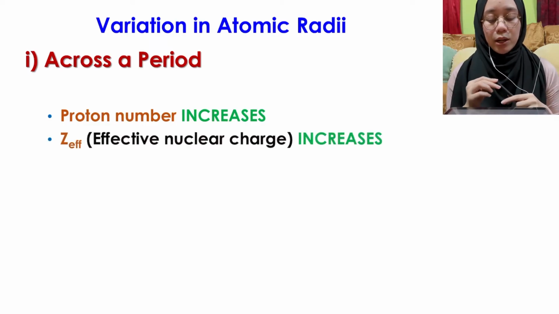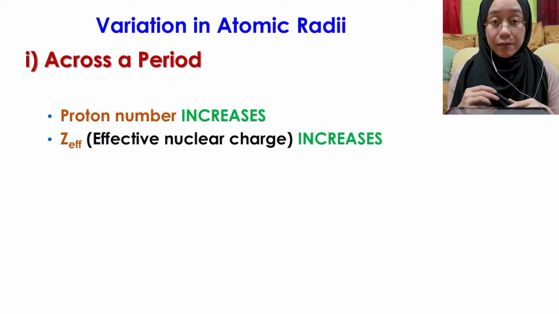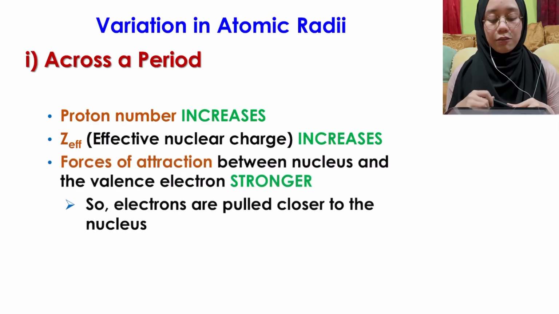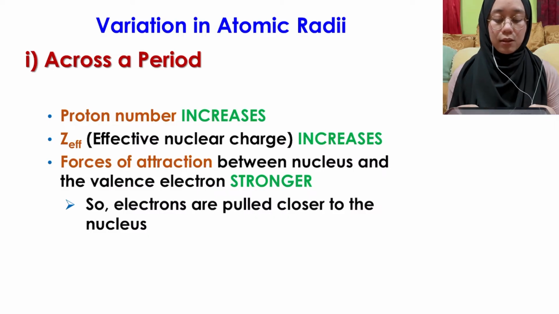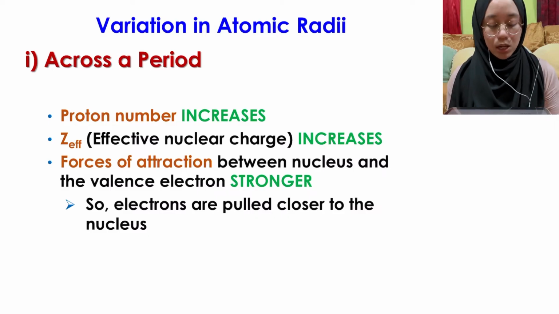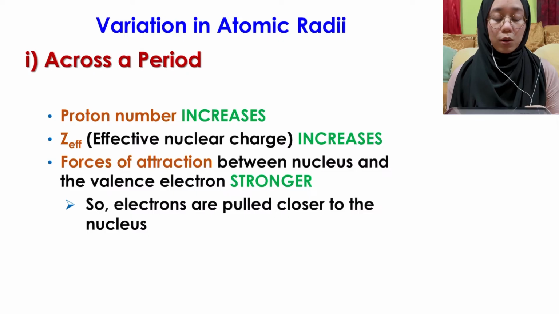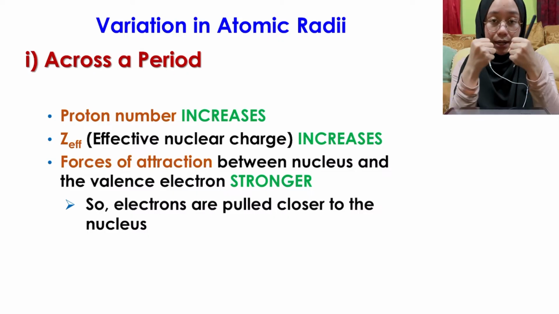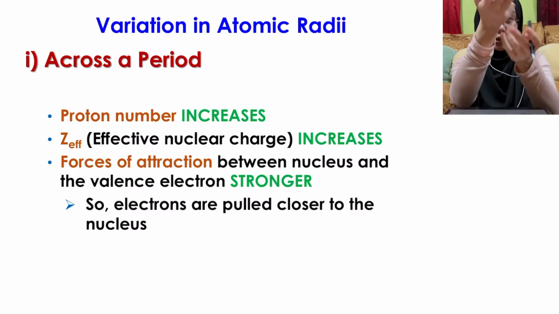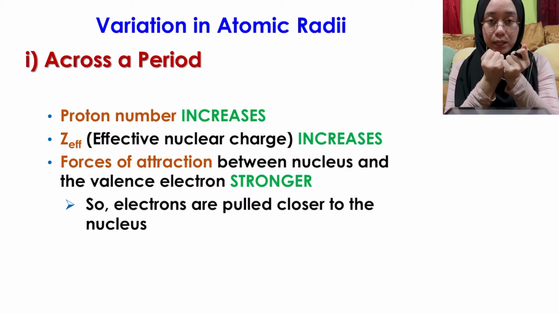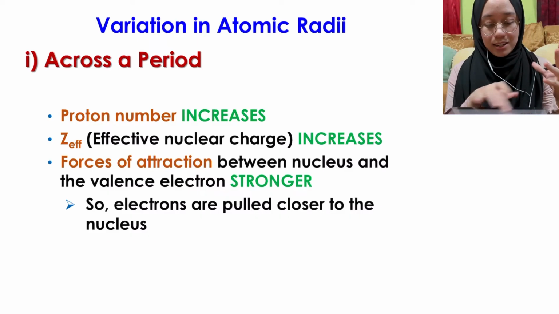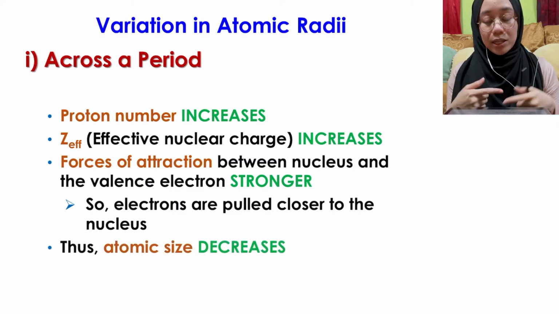And what's going to happen here is the ZEF also increases. Then the forces of attraction between nucleus and the valence electron become stronger, so electrons are pulled closer to the nucleus. Bila attraction forces kuat, nucleus tu akan tarik elektron tu pergi dekat dengan dia, so the size will become smaller. So that's why the atomic size decreases.